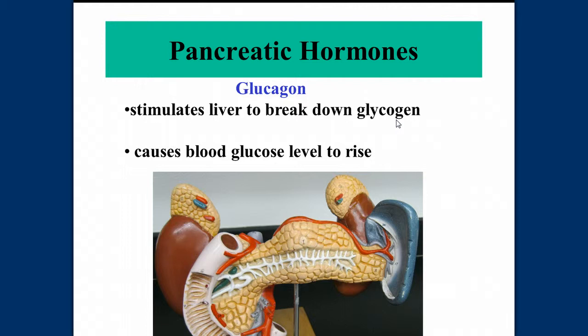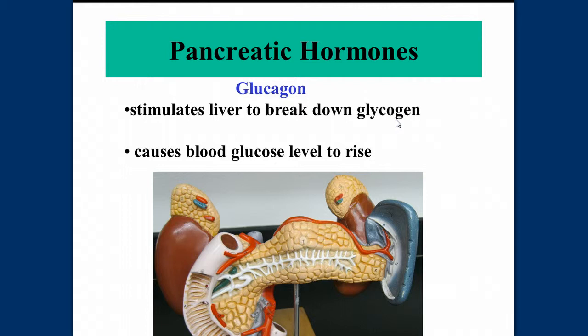So when glucose levels are low, break down the glycogen back into glucose. This is released into the blood, so the blood glucose level rises. Glucagon converts glycogen in the liver back to glucose to raise blood glucose levels. This glucagon is produced by alpha cells.